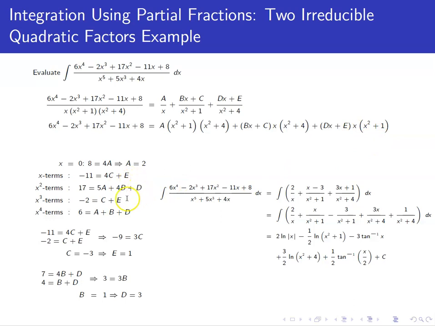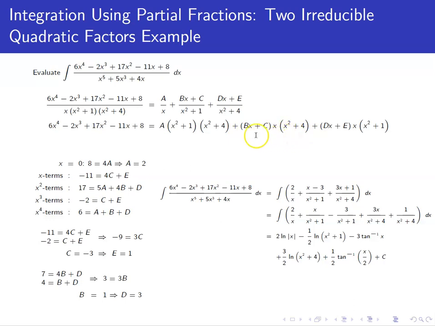Let me skip down to the x cubed terms because notice that the equations look similar. For x cubed, the coefficient on the left-hand side is negative 2. On the right-hand side, I cannot get an x cubed from that first product. In the second product, I would do a bx times an x, that's a bx squared, and I can only multiply it by the x squared or the 4. That doesn't give me an x cubed term either.